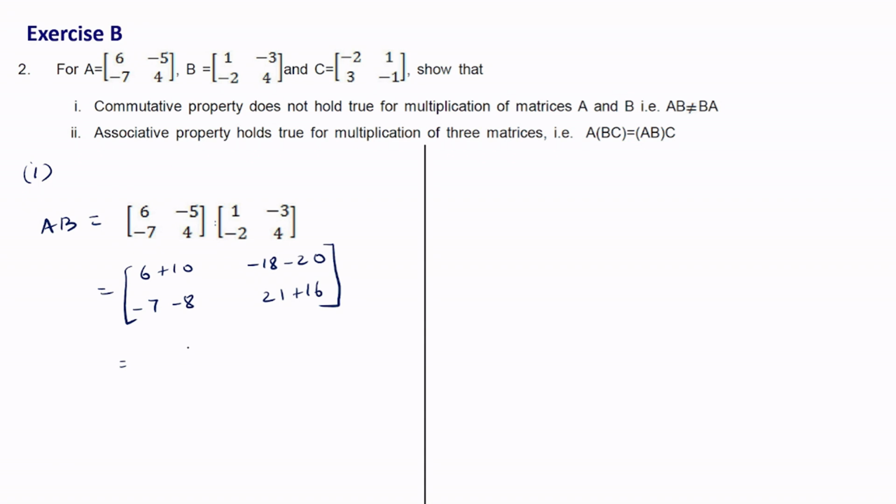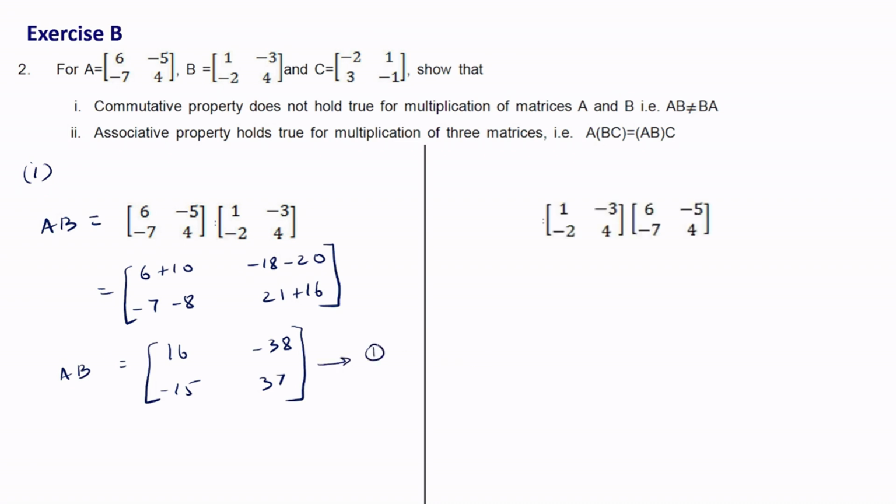So this is equal to 16, minus 38, minus 15 and 37. So this is AB. Let us take this as 1.